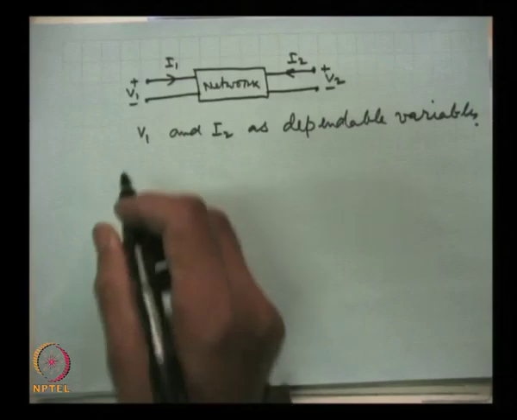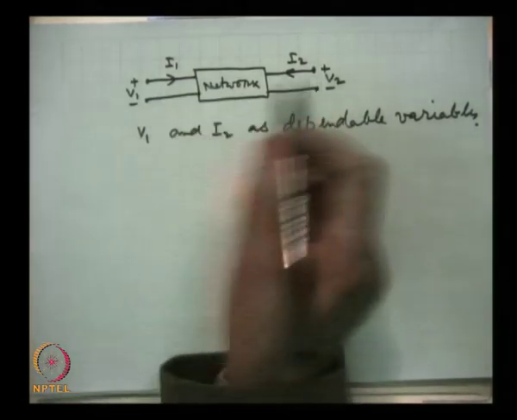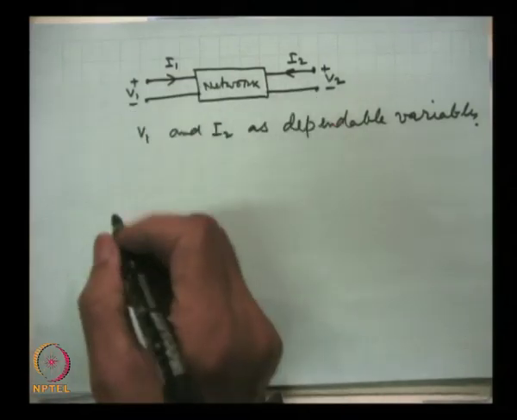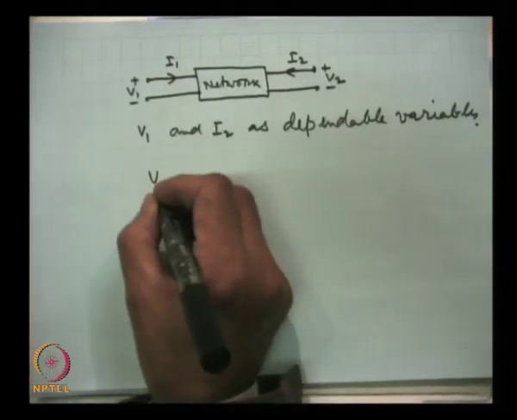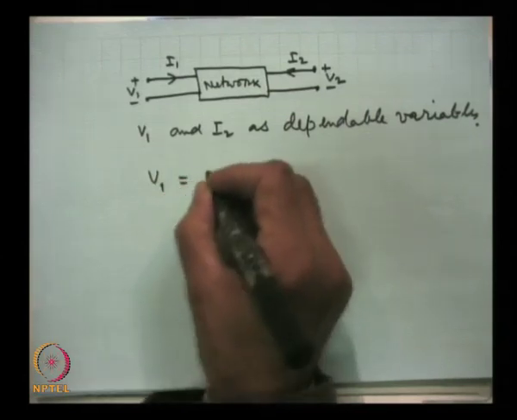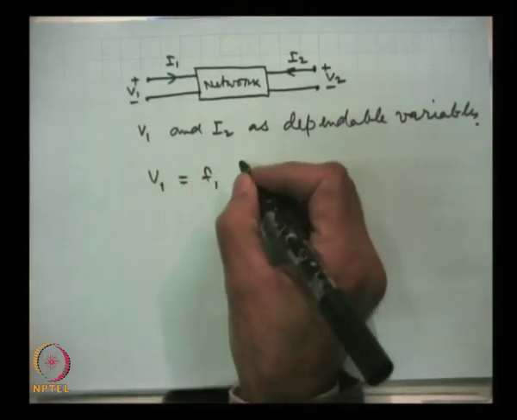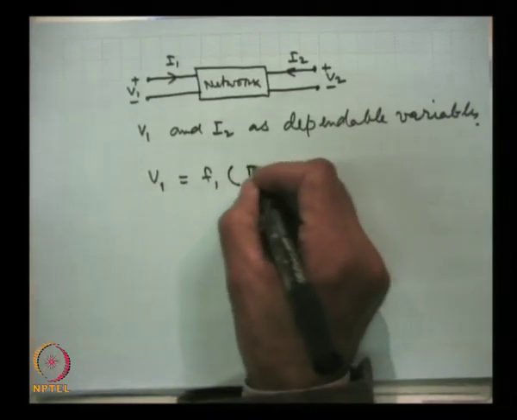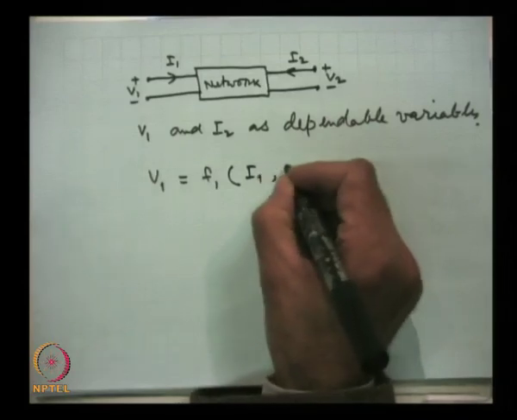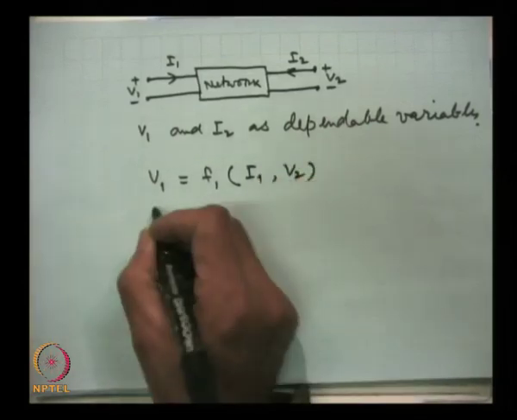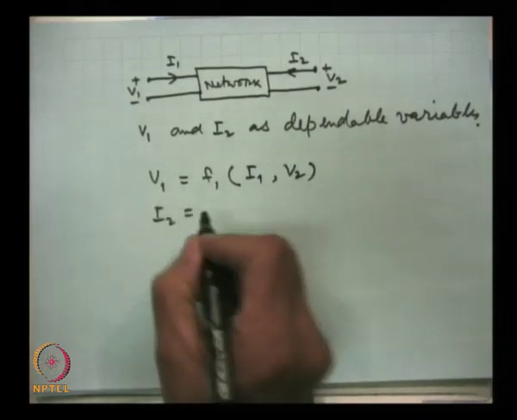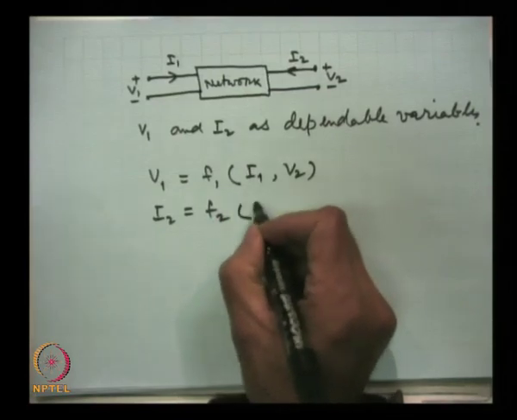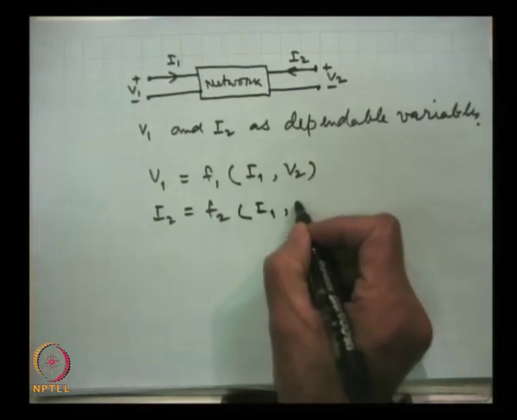Then the functional relationship with the other 2 parameters, I 1 and V 2, can be expressed like V 1 is equal to F 1 of I 1 and V 2, and I 2 is equal to F 2, the function of I 1 and V 2.